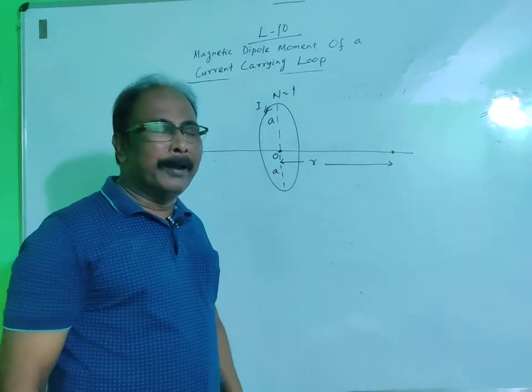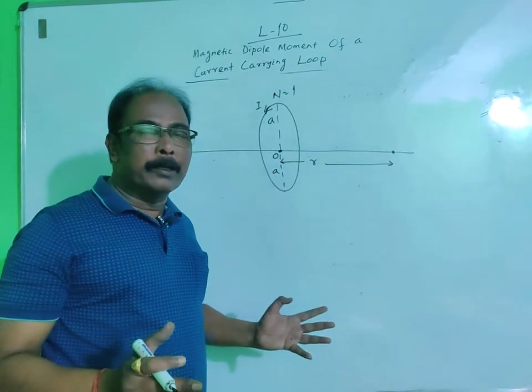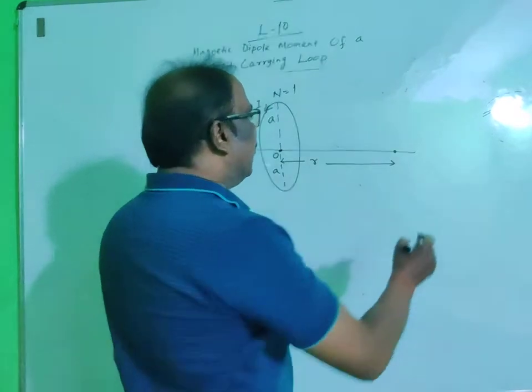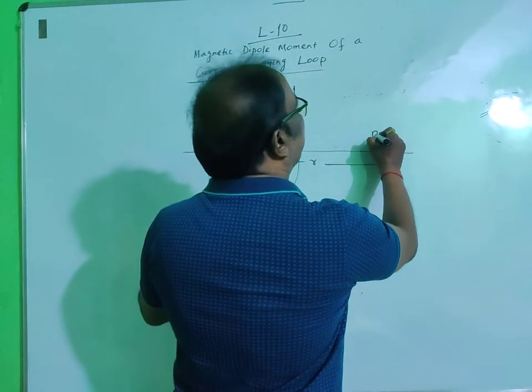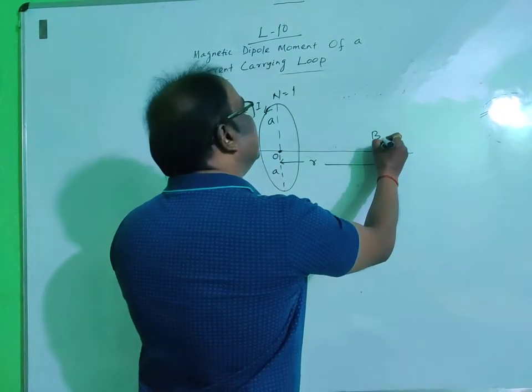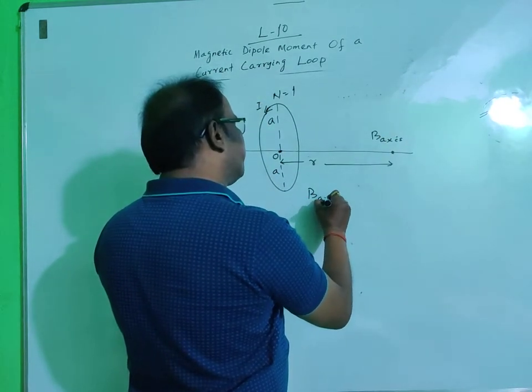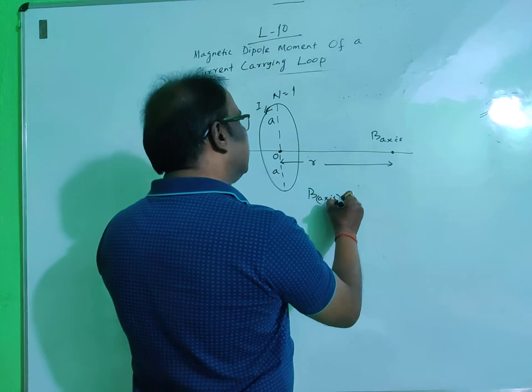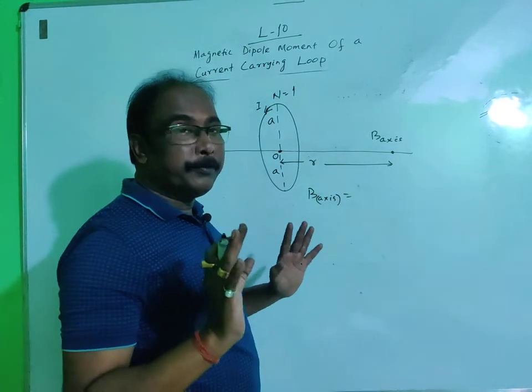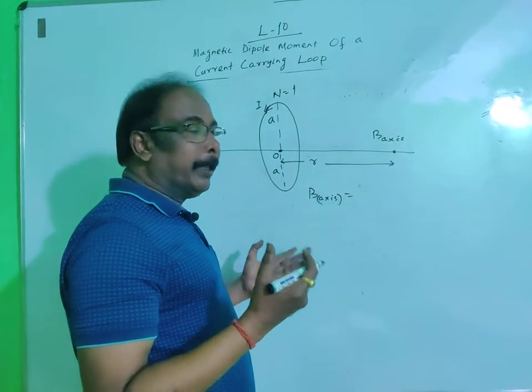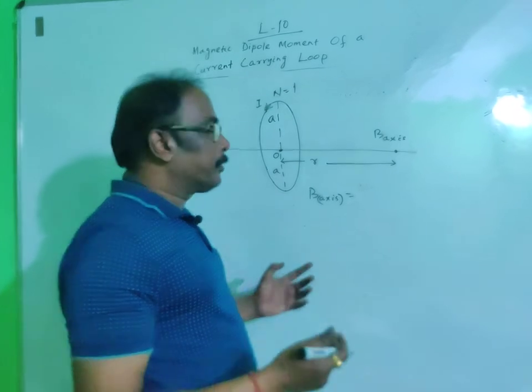We will discuss this derivation on the basis of Biot-Savart's law. At this point the magnetic field is B on the axis. I am showing you just the formula, and we will derive it under Biot-Savart's law.